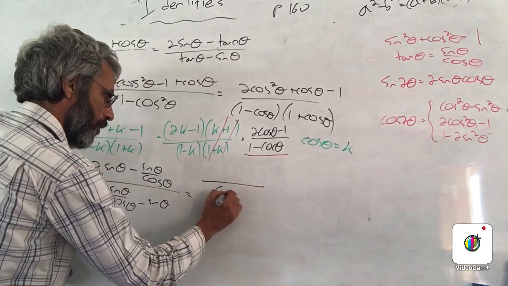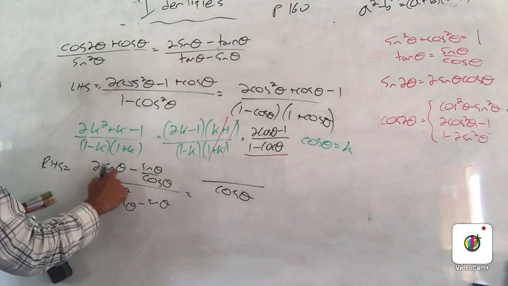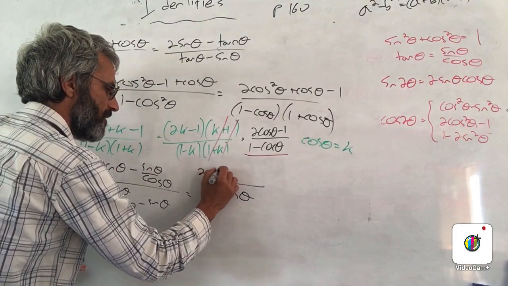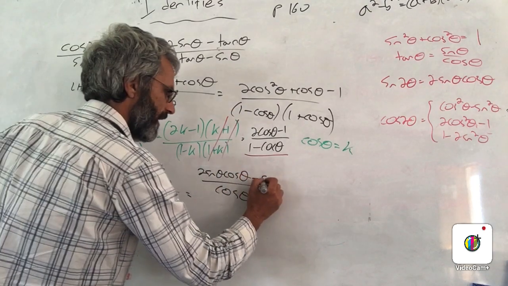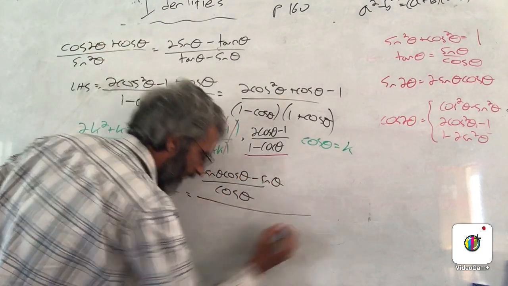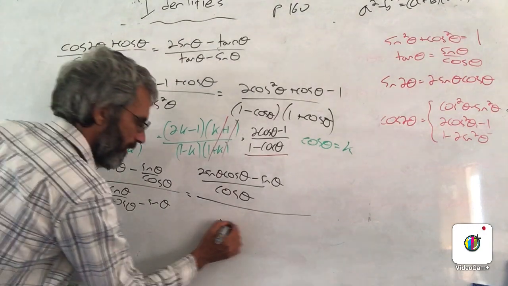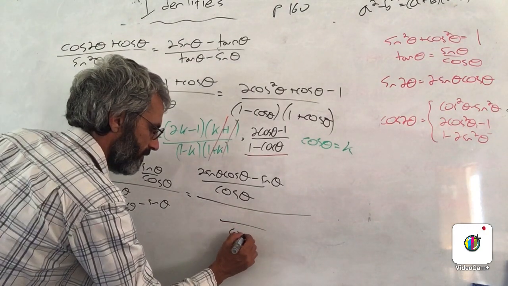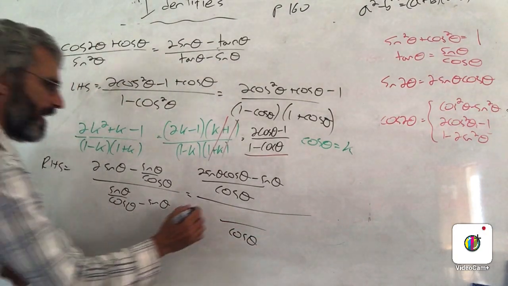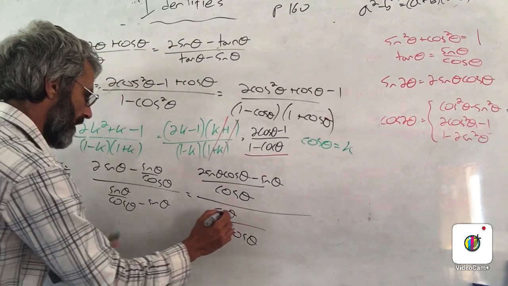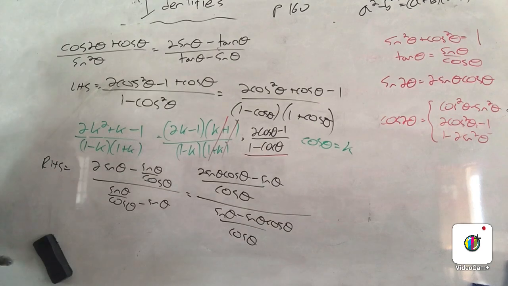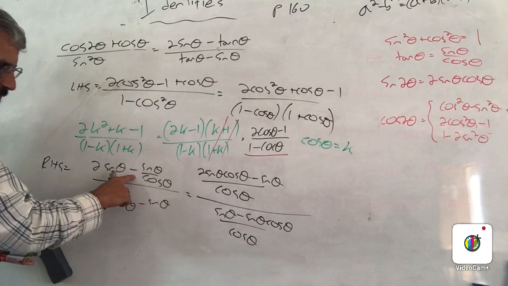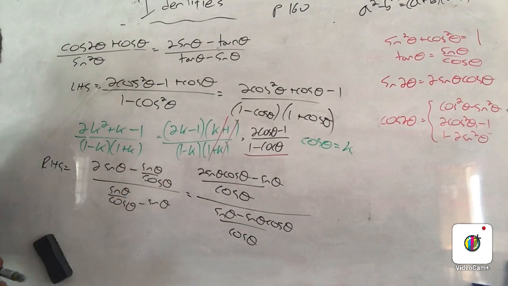Nightmare, eh? Cosine theta. And here I'm going to have 2 sine theta cosine theta. So I'll multiply these two. Minus sine theta. Divided, big fraction. Here I'm going to have also cosine theta. And here I'm going to have sine theta minus sine theta cosine theta. Okay? So I did the common denominator for the top, common denominator for the bottom.